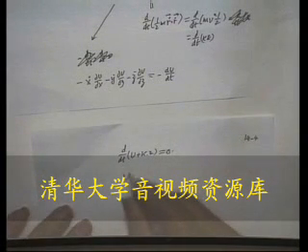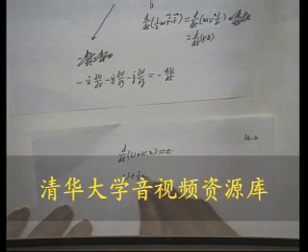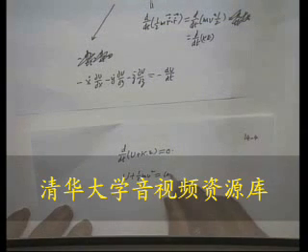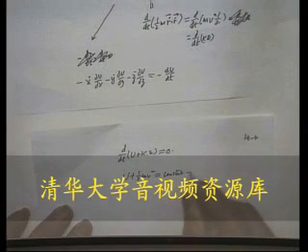So u plus 1/2 mv squared is equal to a constant. And that's usually called E, total energy.